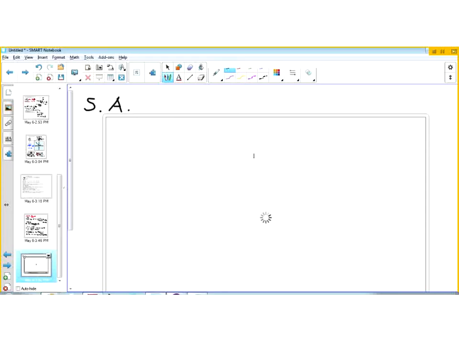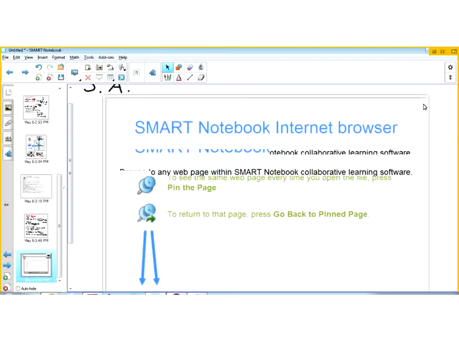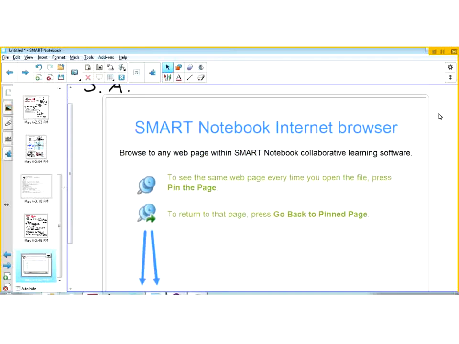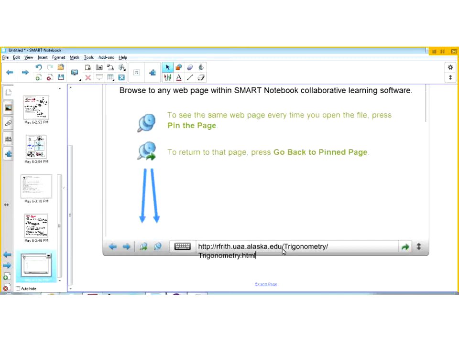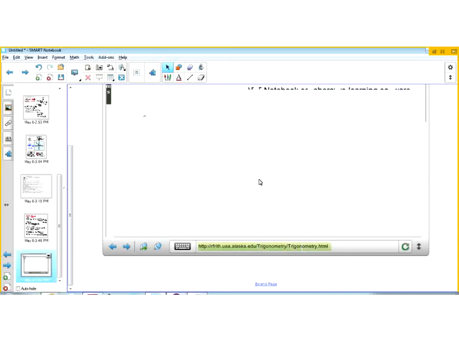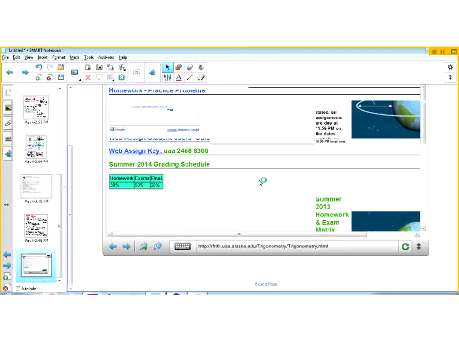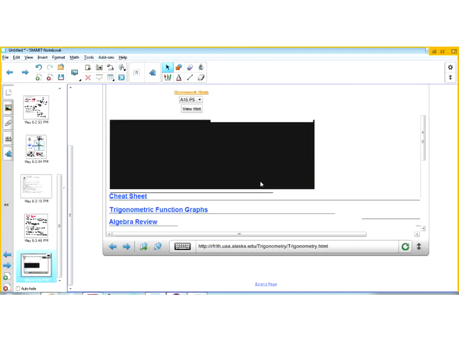Checking. Slow. Internet's slow this time of day. Everybody's getting home from work and hitting the internet.